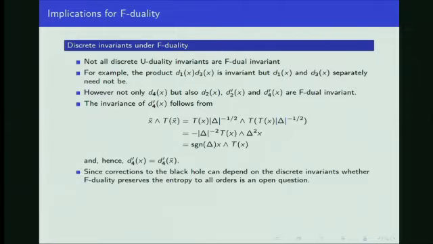And you can show that because it turns out that not all of those U-duality invariants are F-dual invariant. For example, the product D1, D3 is F-dual invariant, but D1 and D3 separately need not be. So that's enough to tell us this is a new symmetry and not just an old one in disguise.